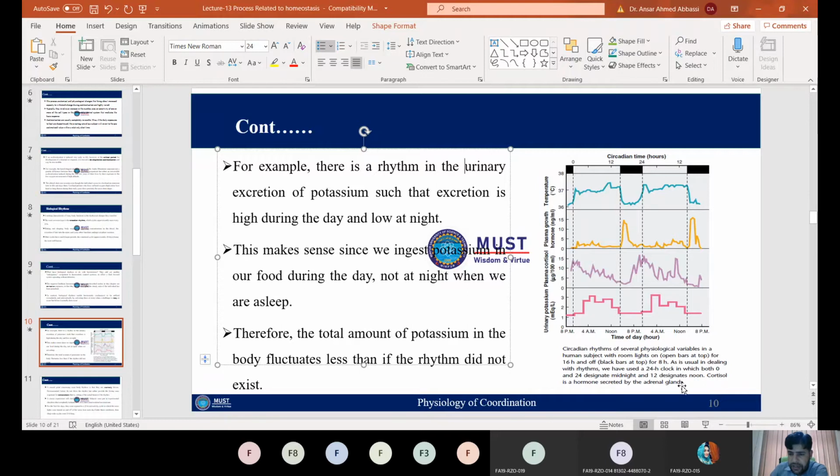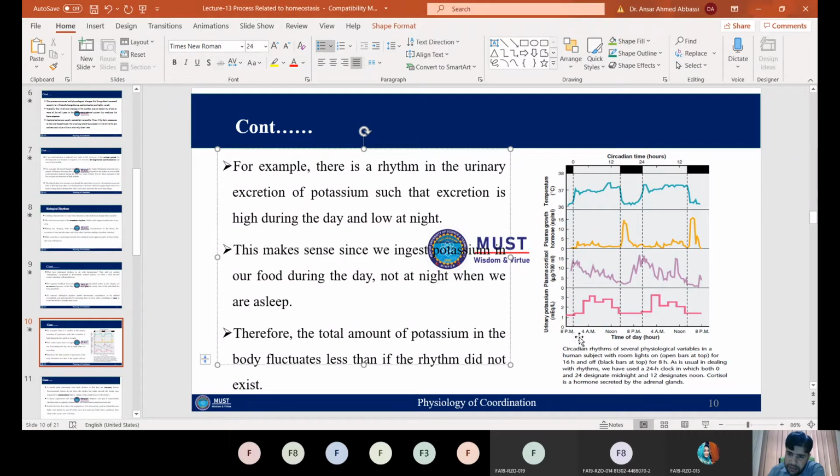So if you look at the circadian rhythm of several physiological variables in human subjects, with room lights on for 16 hours, and when room lights are off. These are the different times.